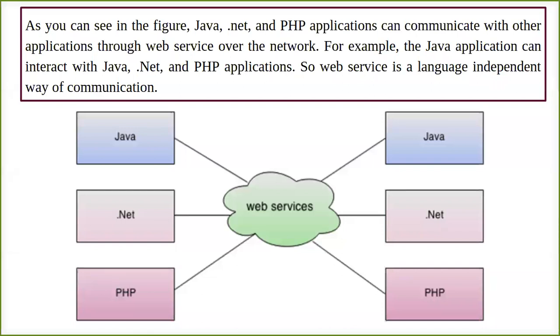Even .NET is able to communicate with Java, and PHP is able to communicate with .NET. It is possible when we make use of web services. Fine. So whenever we develop an application and try to implement EJB in it, the one problem we are going to face is that it is not going to interact with a client written in some other language.